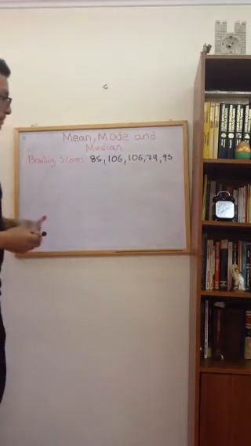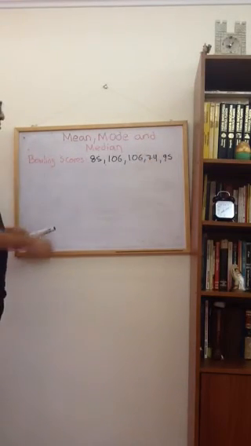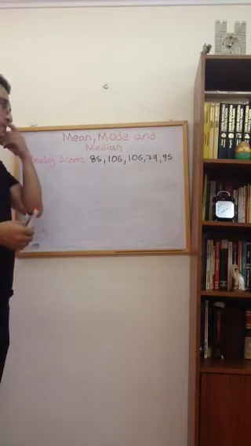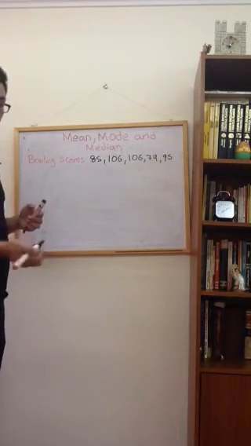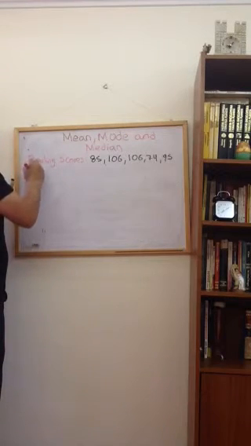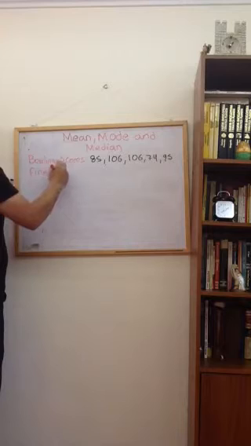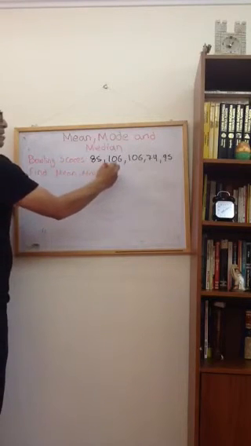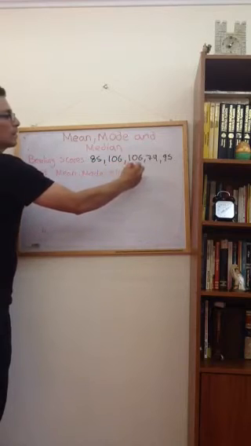So you have here bowling scores: 85, 106, 106, 74, 95. They ask us to find the mean, mode, and median.